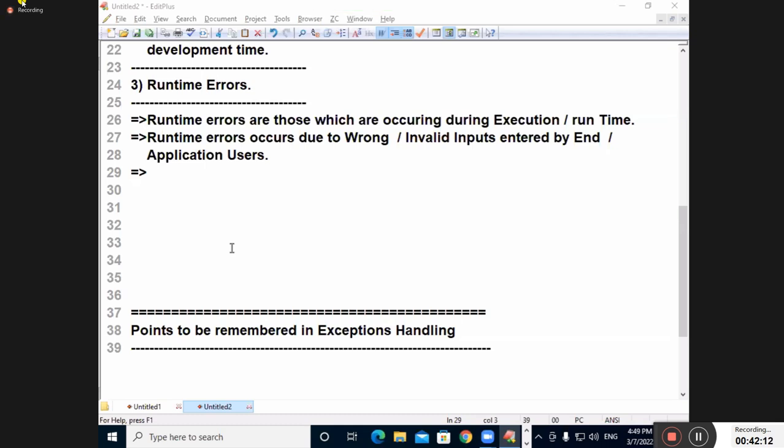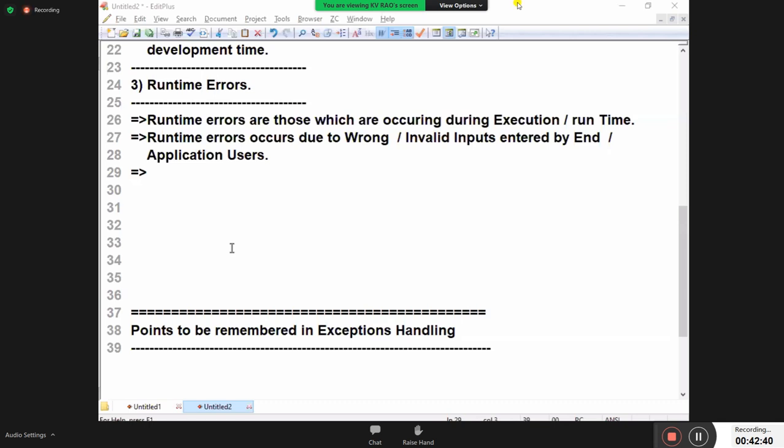That means the mobile software developer has written one beautiful piece of code internally. Whenever the user enters wrong input, it is ready to give you one message. That message is called a user-friendly error message, because the end user has to understand the mistake he made.